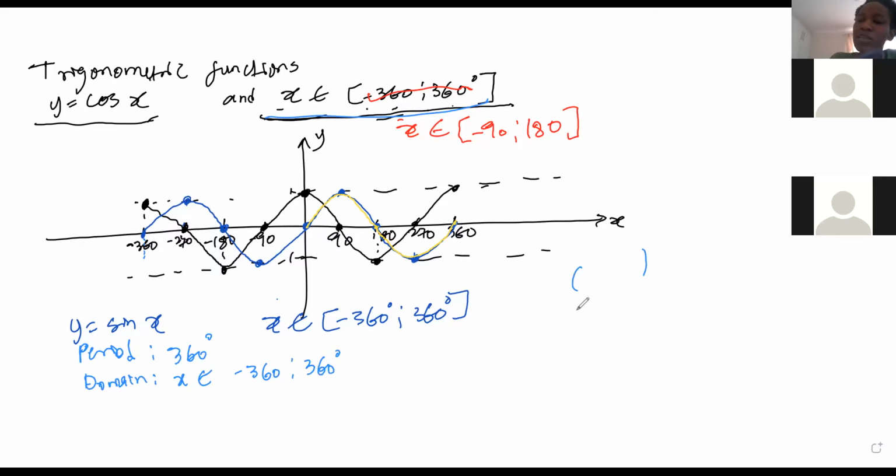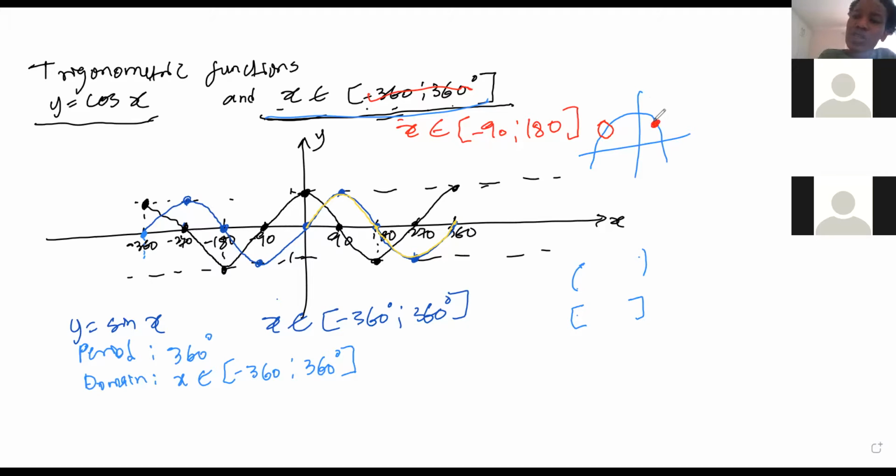Then you've got an open bracket and a closed bracket. If a value is not included, you're going to have that open bracket. If that value is included on the graph, you're going to have the closed bracket. So if you see here, 360 is actually included. That's why we'll have it as a square bracket. Unless maybe they have drawn a graph with an open dot, not a solid dot.